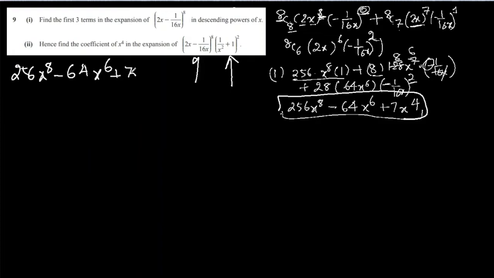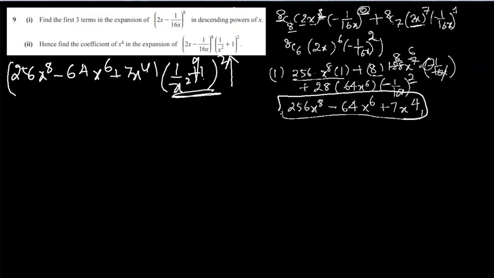In the second part, they're asking something similar, but there is an additional bracket with some contents in it, and they're asking for the coefficient of x to the power 4. Since we know the expansion of this, which is here, I'll just copy it. So 256 x to the power 8 minus 64 x to the power 6 plus 7 x to the power 4, multiplied by 1 over x squared plus 1, squared.